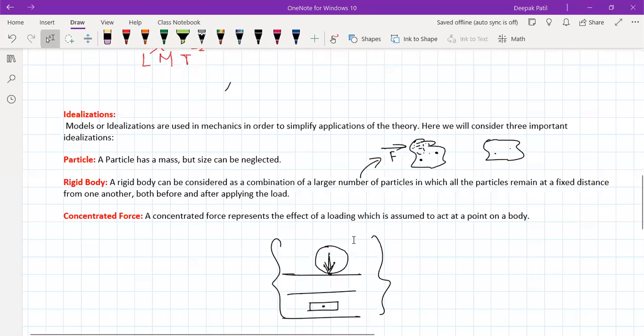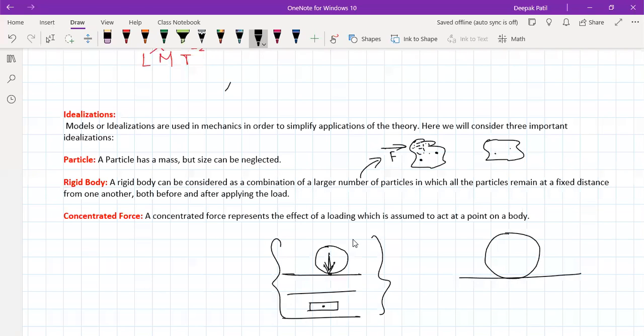For example, I can give you this kind of example wherein I take this wheel, and the wheel is resting on the ground, or I can say it is on a road. When the whole load, or whole weight, of this wheel is getting concentrated at a particular point on the road, then I can assume that the load from this total wheel can be taken at a particular point.